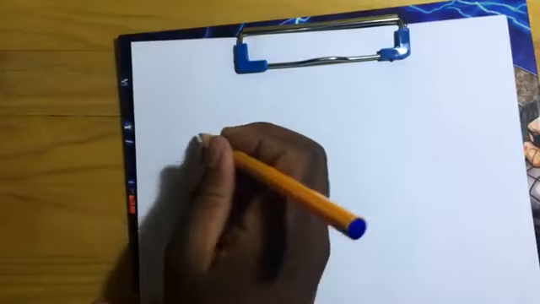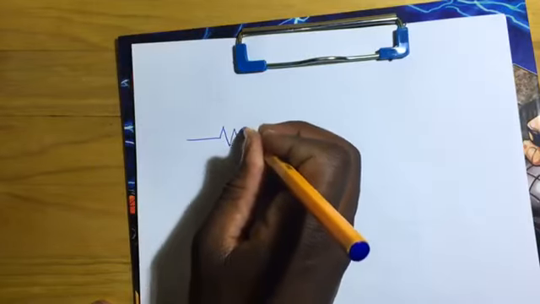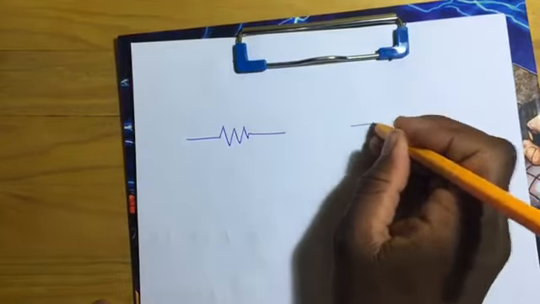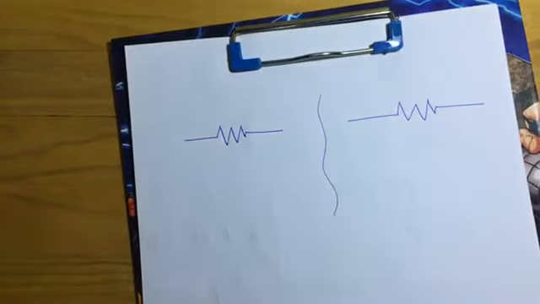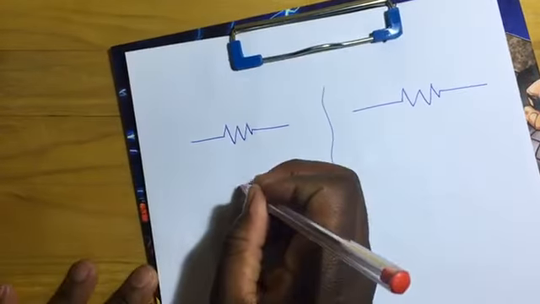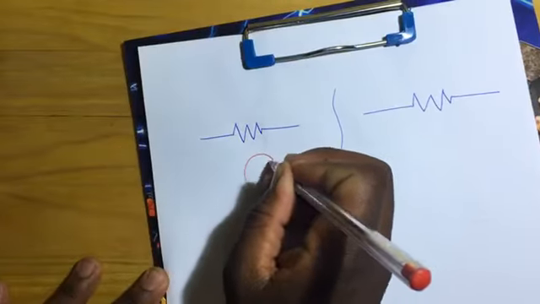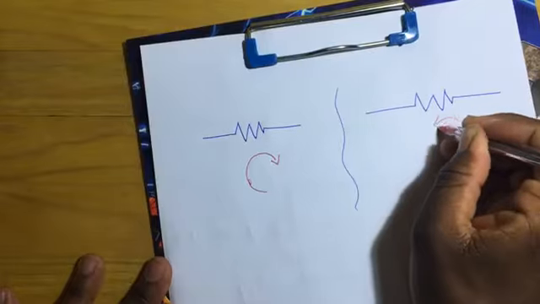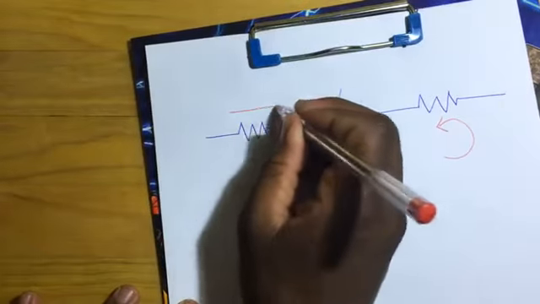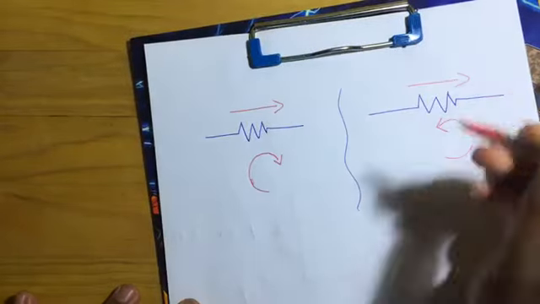Now, remember the scenarios that we had across a resistor. We said we are going to have a loop going in this direction. We are going to have a loop going in this direction, and current will be going in the same direction for both.